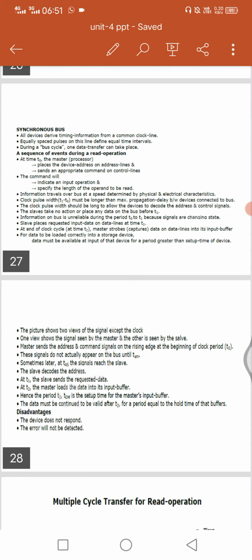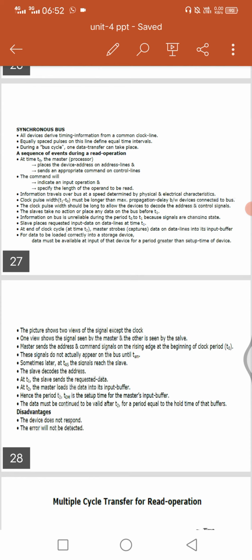The clock pulse width should be long to allow the devices to decode the address and control lines, so that is why we need to take a long clock pulse width.